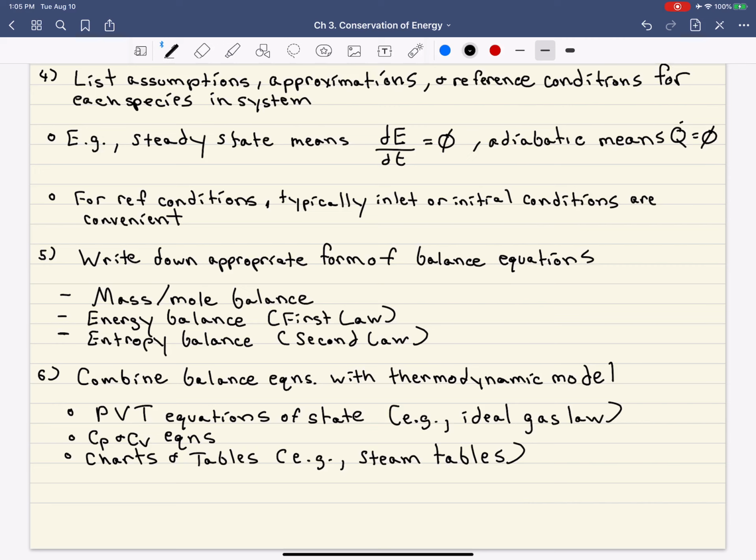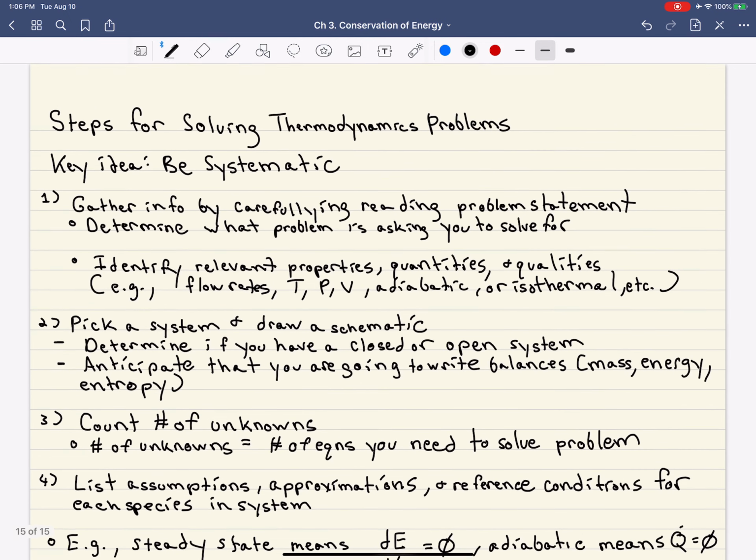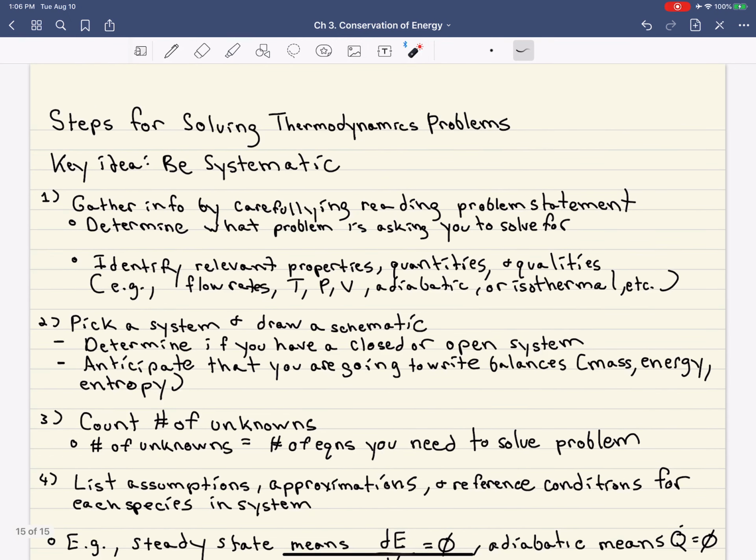All right, and so once you combine your balance equations with the thermodynamic models, at that point you have everything you need. What you have to do then is just solve for all of your unknowns and find the piece of information that the problem is asking for. If you follow these 7 steps, this should give you a nice game plan for approaching all of the problems that you'll encounter in this course.